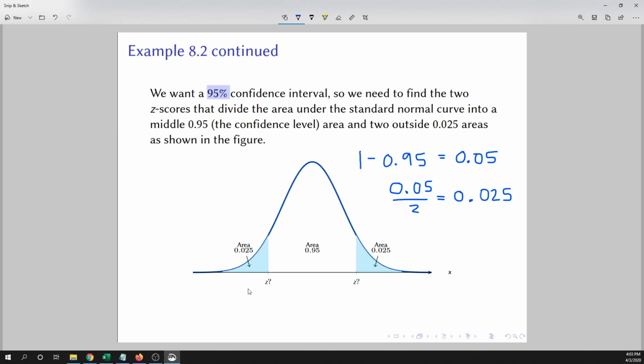Because of the symmetry, this z-score over here would have exactly the opposite z-score as this one.